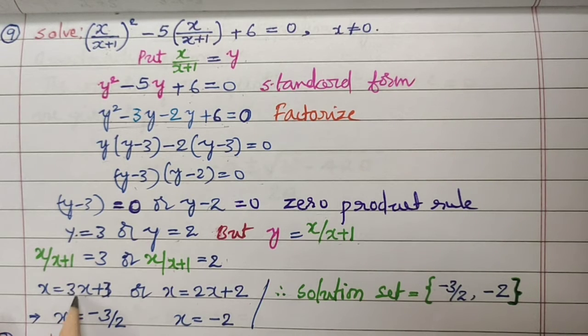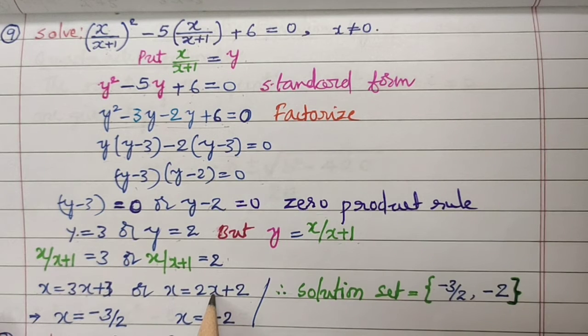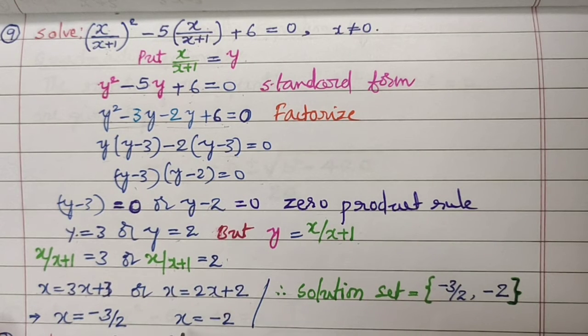So you bring this side, x this side, that will become 3x − x, that is 2x. When this goes that side, that will become −3/2, or x: when this comes to this side, 2x − x, this goes that side, x = −2. Therefore the solution set is {−3/2, −2}.